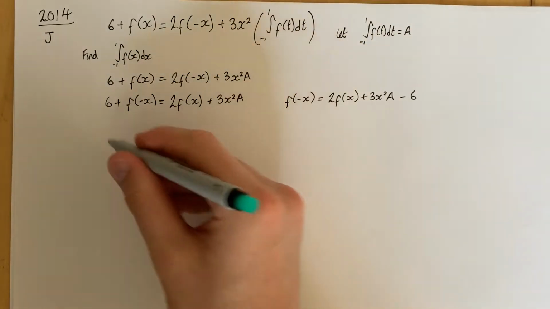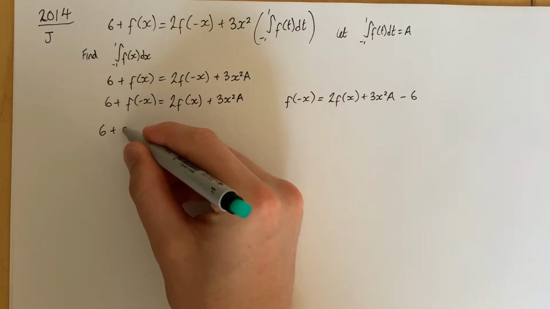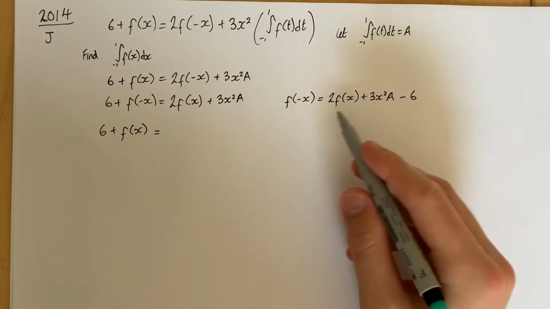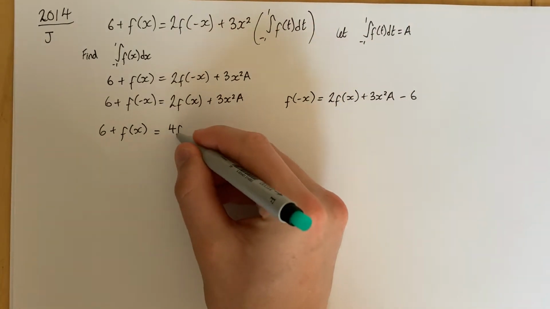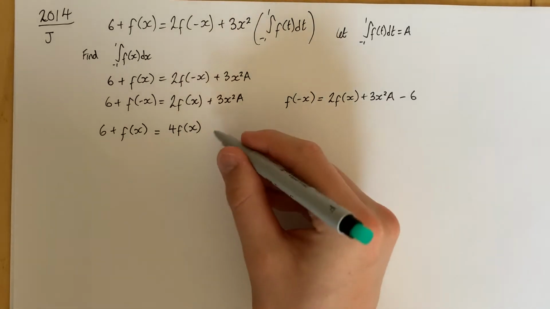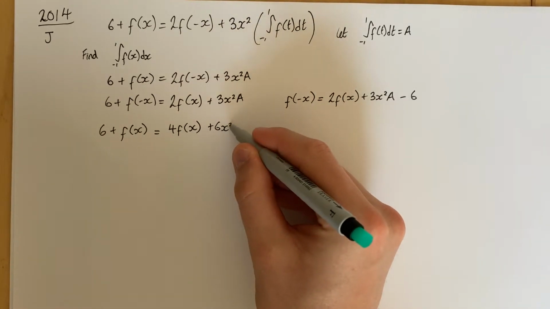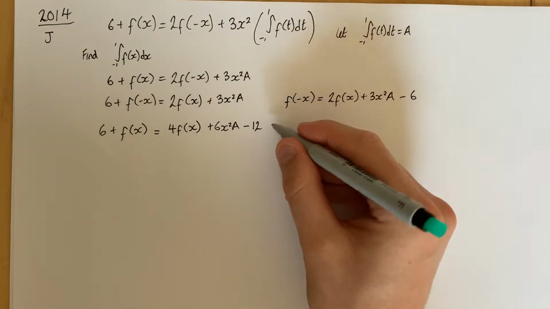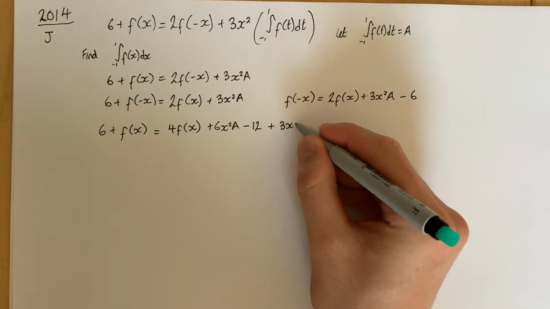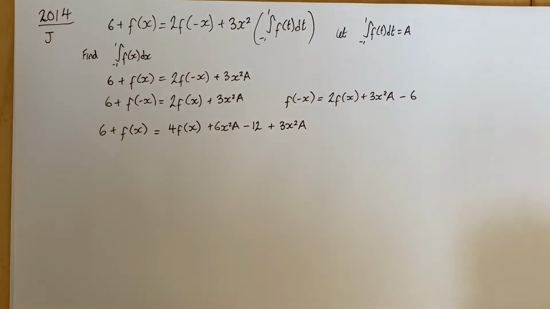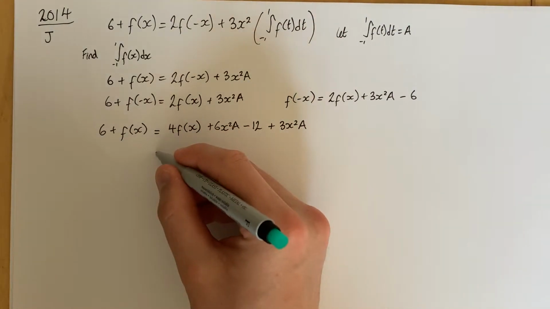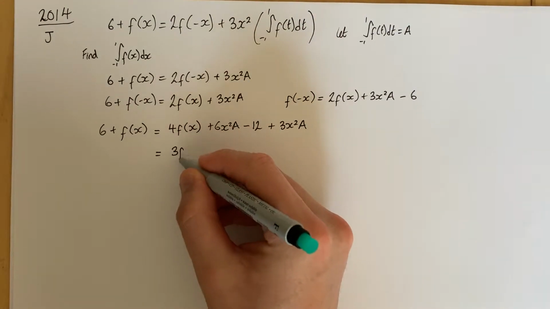Substituting this up into here gives me 6 plus f of x equals 2 lots of f of minus x, so 2 lots of this: 4 f of x plus 6x squared a minus 12 plus 3x squared a. I'm interested in f of x, so I'm going to rearrange this. Bringing f of x over here, I will get 3 f of x.